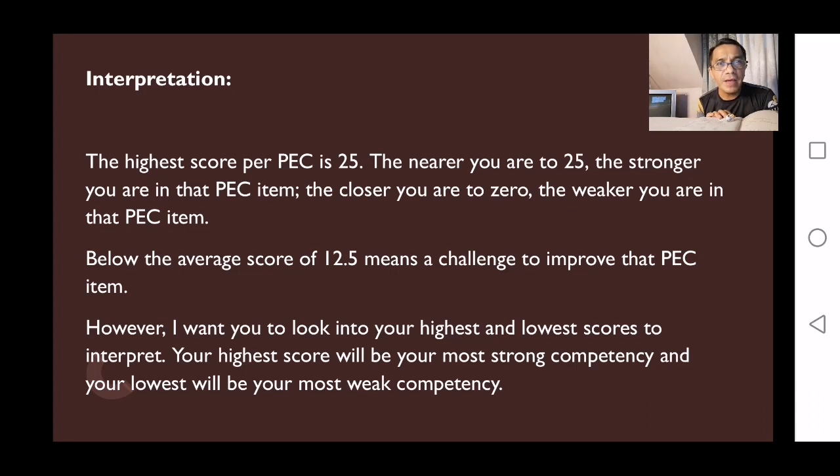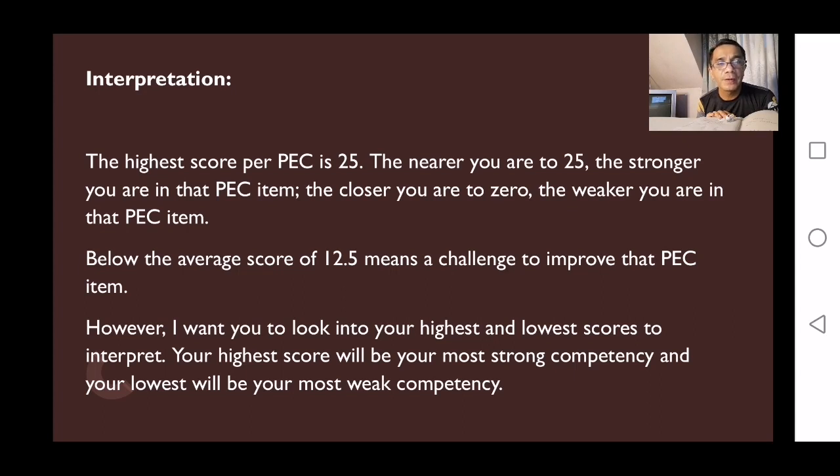Next, below the average score of 12.5 means a challenge to improve that PEC item. Okay? So, kanina, nabanggit yung strength and yung weakness. So, kung ang score mo is below 12.5, then you have to challenge yourself to improve that PEC or personal entrepreneurial competency.